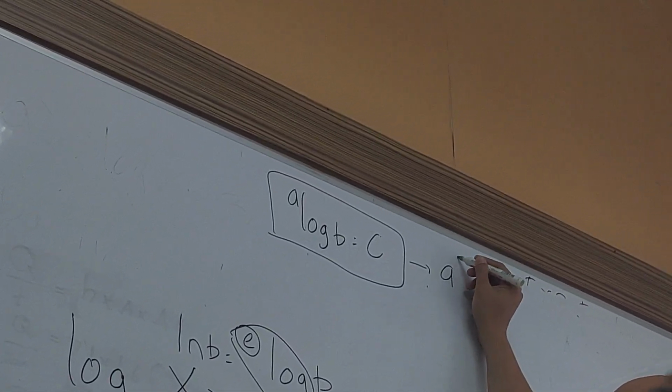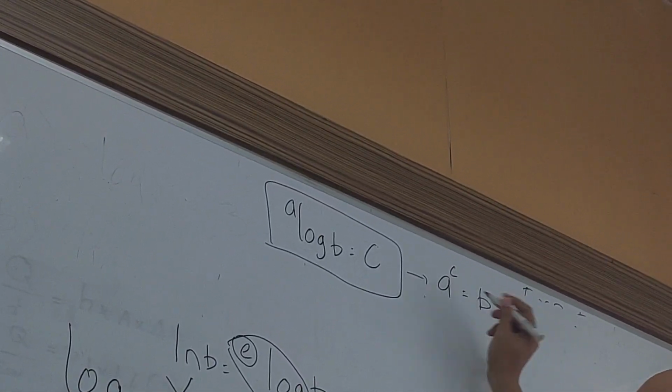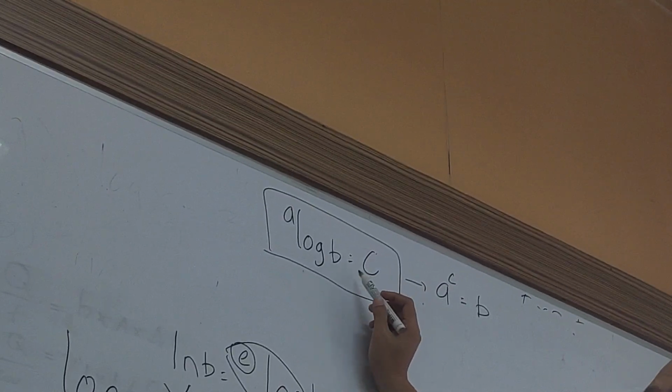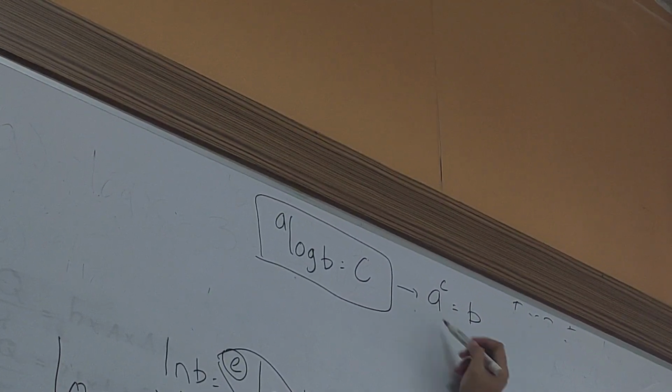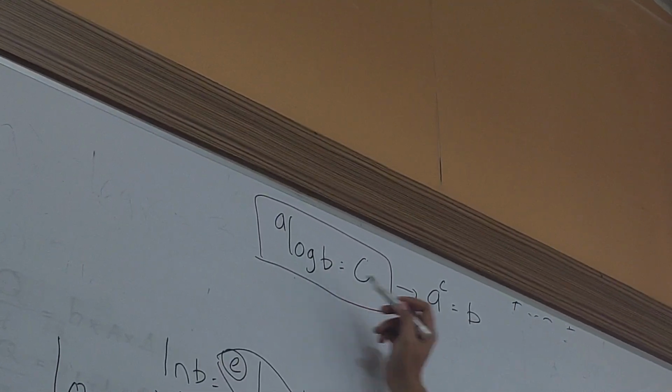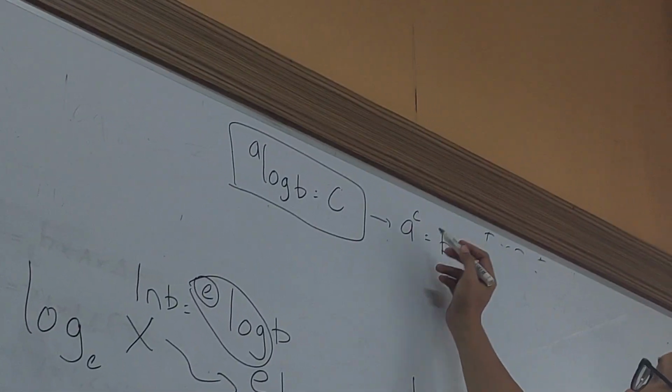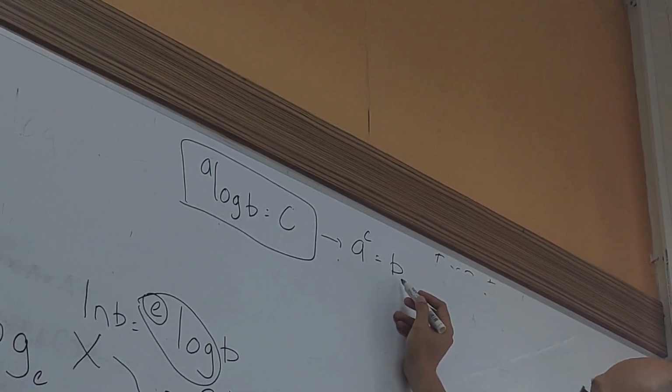It is equal to log base a of b equal to c. You can transform it into an exponential function. This is the logarithmic function. It becomes a to the power c equal to b.